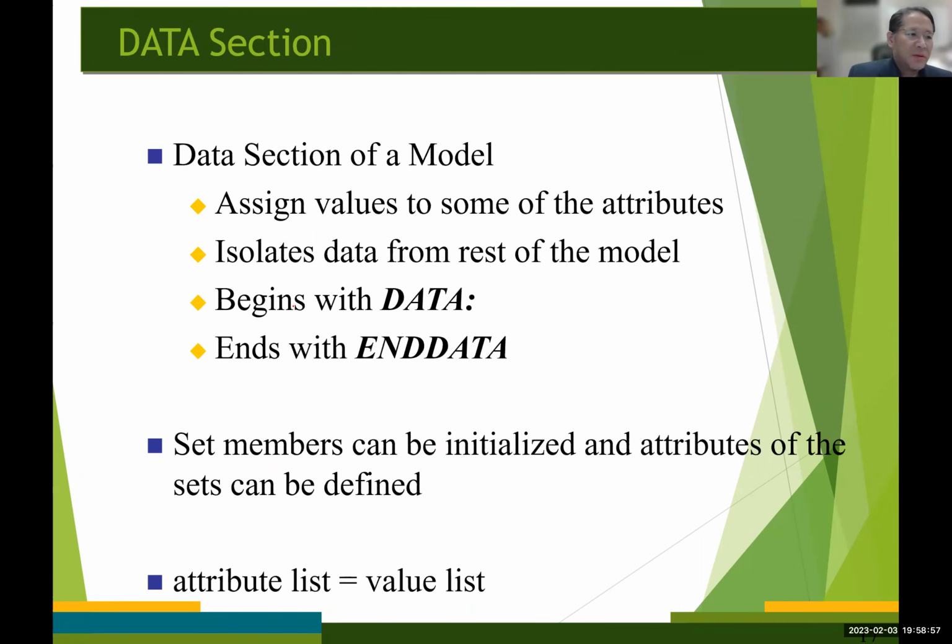And LINGO provides a separate section called the data section, where all the values can be defined for different variables, okay? Similar to the set section, the data section always begins with the keyword data, colon, and always ends with another keyword, end data, okay?